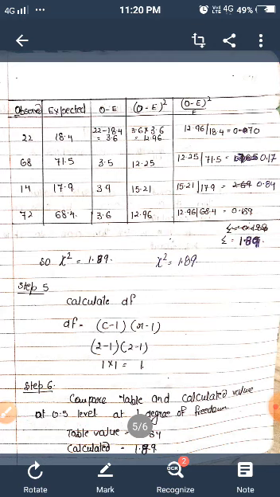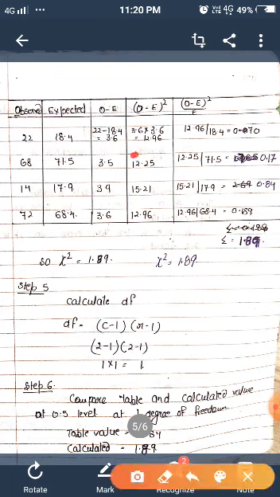Then divide that squared value by the expected one. So the square value is 12.96 and the expected value is 18.4. We will get the result 0.76.